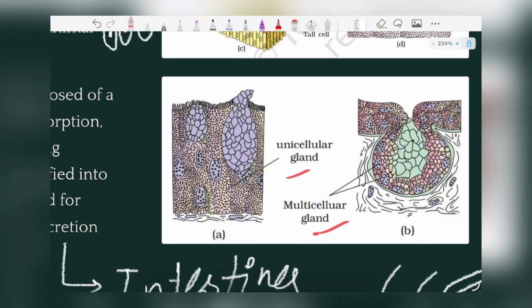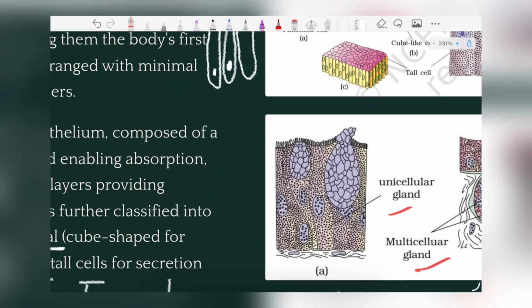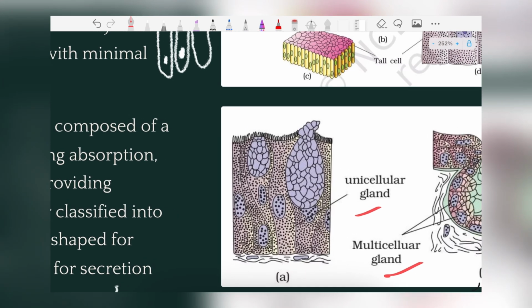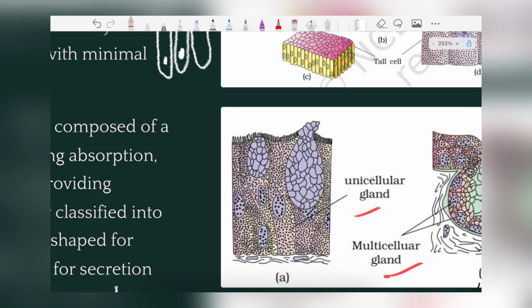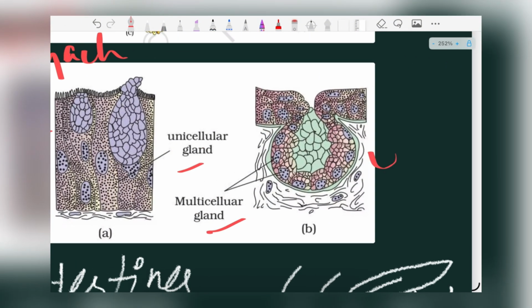This is our goblet cells secreting gastric juices in the stomach. And this is in salivary glands.